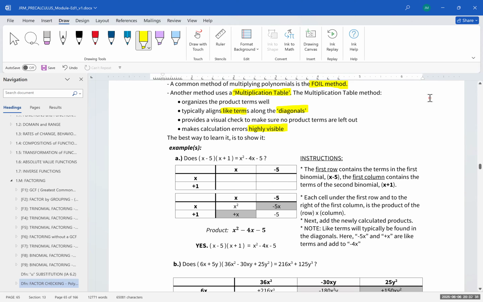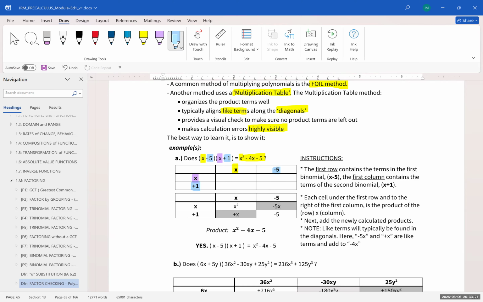Okay, so let's say you were tasked with factoring this polynomial, and as an answer, you came up with this product of these two expressions, x minus 5 times x plus 1. So what you do is you create this multiplication table where you have x minus 5, and then you've got x plus 1.